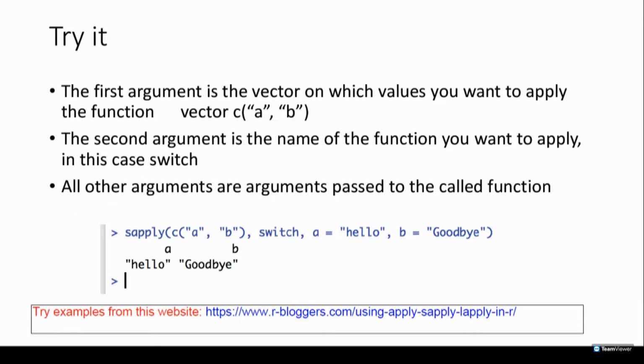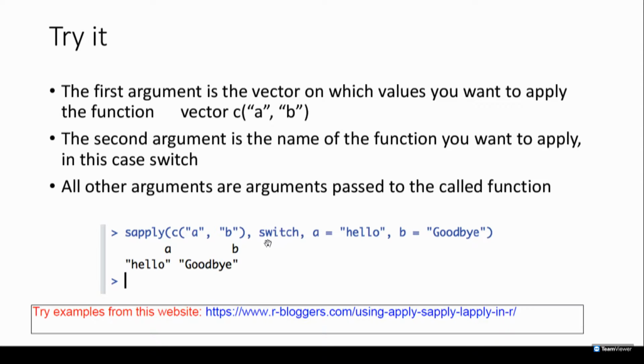So for our very first example to use sapply, we'll try this very simple piece of code where in sapply you are passing a vector, and this vector is a series of characters. I just have two characters in this vector, A and B. Then the second argument is what function you want to run on the vector that you gave in the first argument.